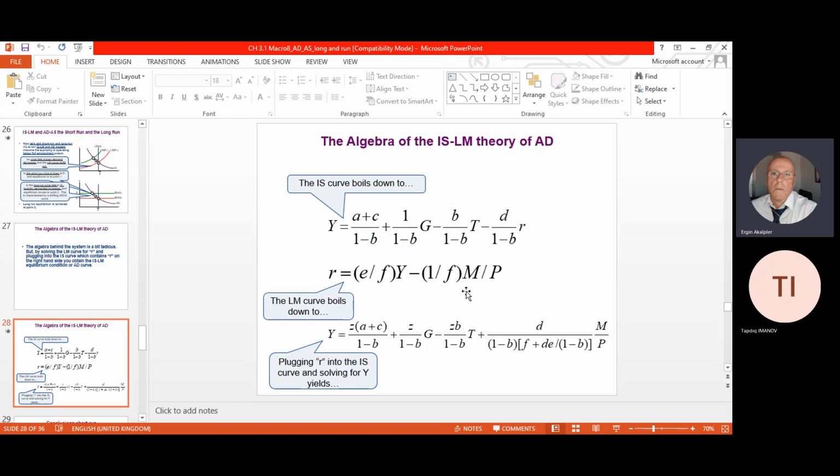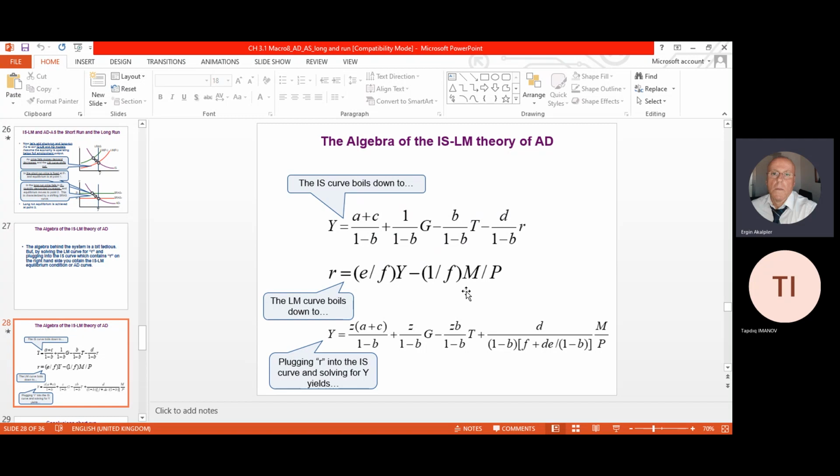It is used for the marginal propensity, because in the lower part, 1 minus B is the marginal propensity to consume, which will affect and change any parameter, let's say consumption, governmental expenditure, investment, or tax changes, all included here.